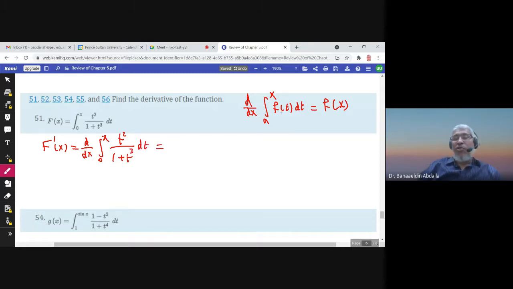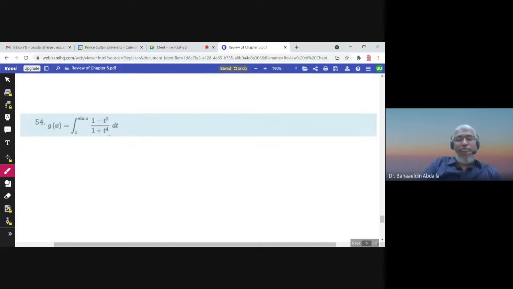According to this theorem, this is f of t dt, and a is 0, and x is there, so the answer is f of x. You just write f of t and replace it with x. So you just write x squared over 1 plus x cubed, and that's the derivative of capital F.